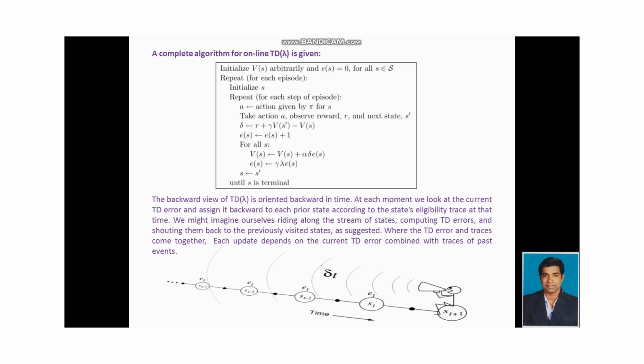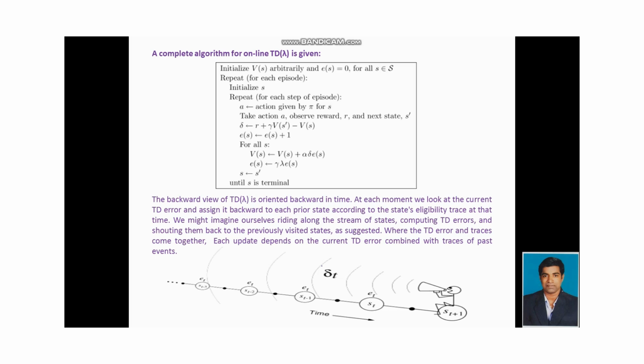The backward view of TD(λ) is oriented backward in time. At each moment we look at the current TD error and assign it backward to each prior state according to the state's eligibility trace. We might imagine ourselves riding along the stream of states, computing TD errors and shouting them back to the previously visited states.